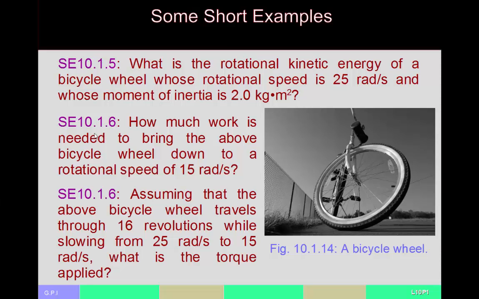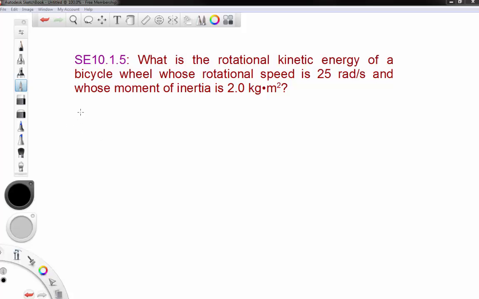All right, let's look at a few short examples here. What's the rotational kinetic energy of a bicycle wheel whose rotational speed is 25 radians per second and whose moment of inertia is 2 kilogram meters squared? Well, the rotational kinetic energy, E_KR, is given by 1/2 times the moment of inertia times the angular speed squared. So that is going to be 1/2 times 2.0 kilogram meters squared, because this term right here is the moment of inertia.